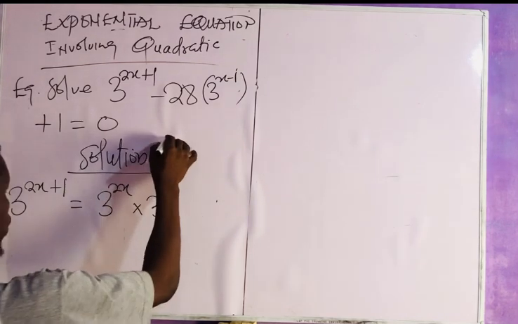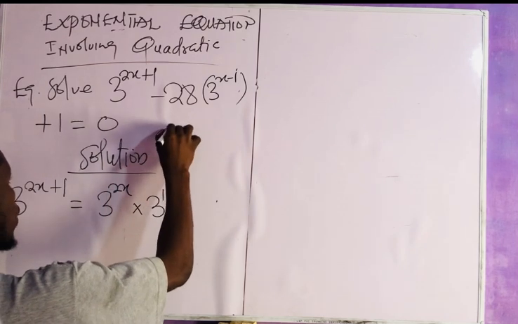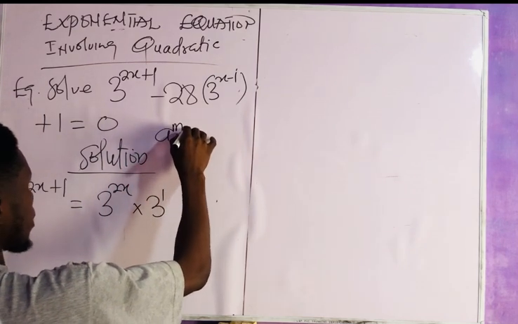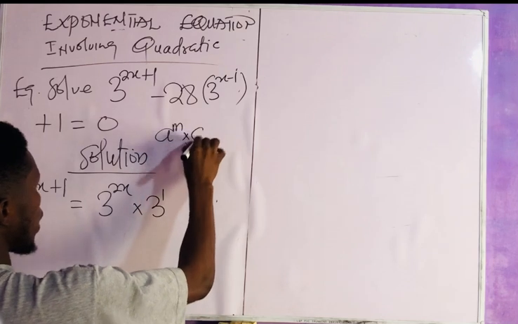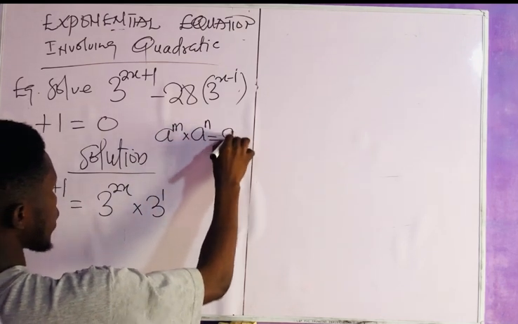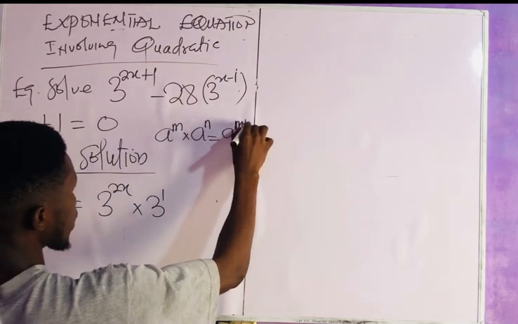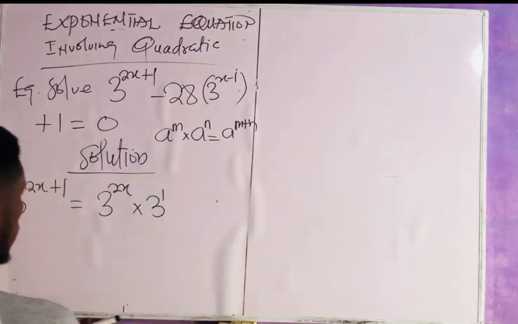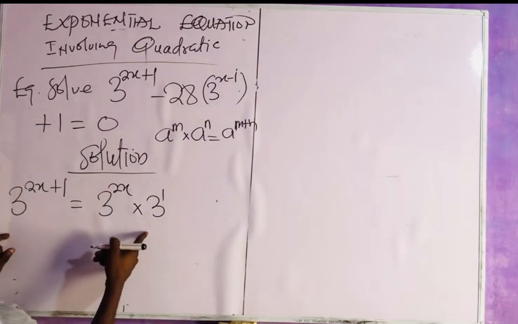From the first law we talked about, we said that if I have a to the power m times a to the power n, it can be written as a to the power m plus n. Is that okay? So now you can write this one as that.